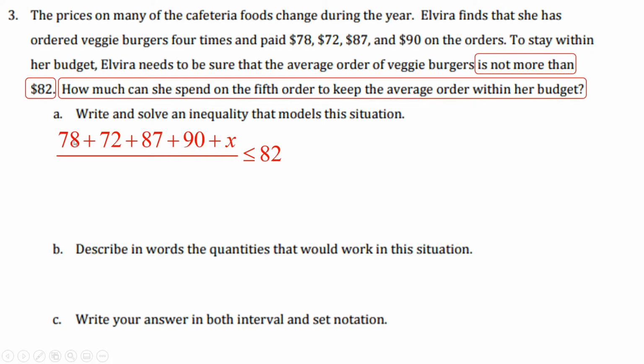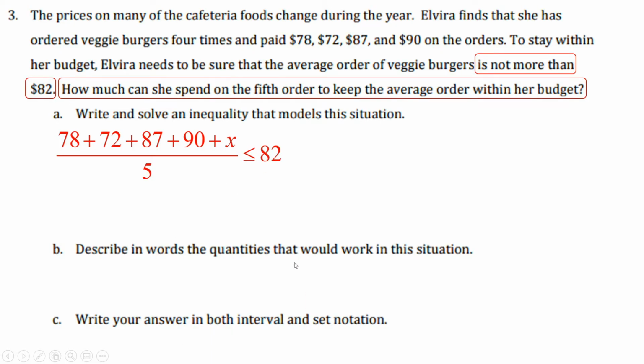We add them up and divide by 5. And there's our inequality right there. How much can she spend on the 5th order to keep the average order within her budget? Well, this average with X as the 5th order has to be less than or equal to $82.